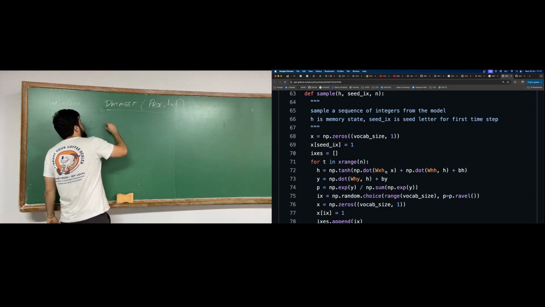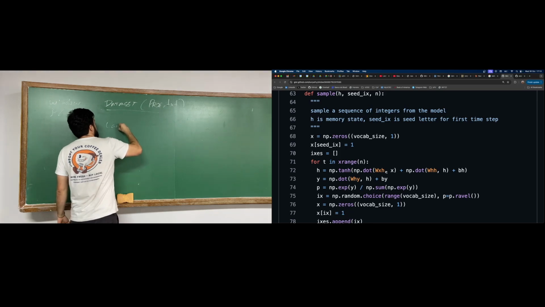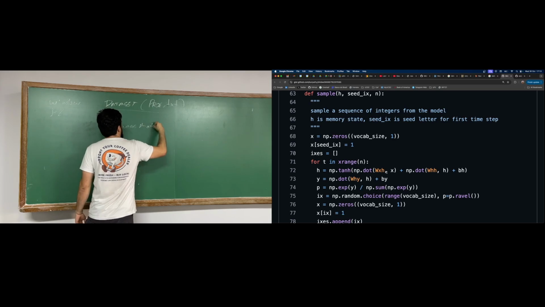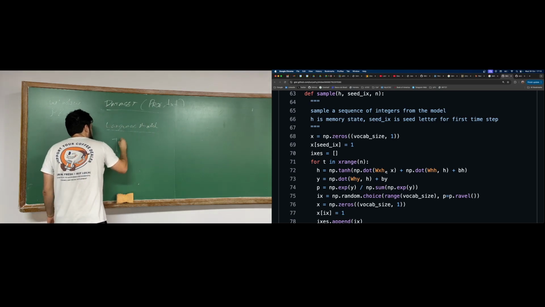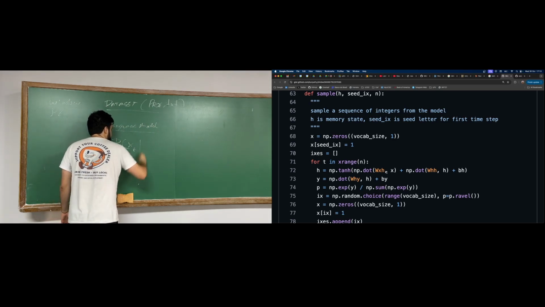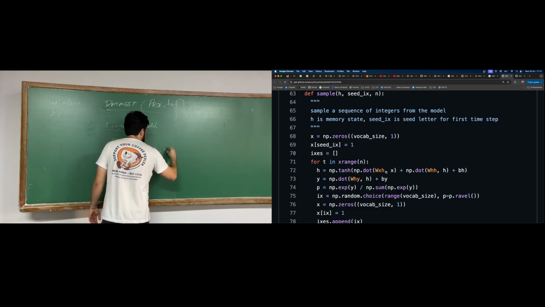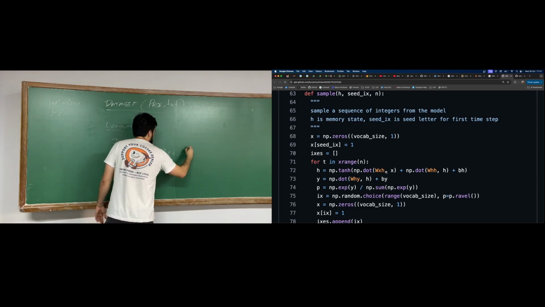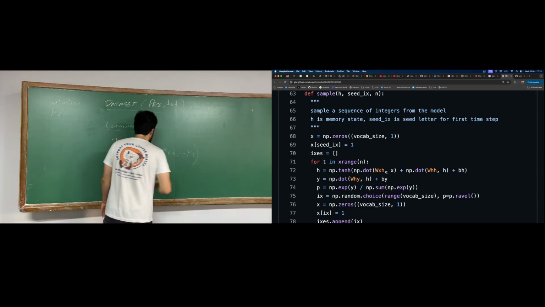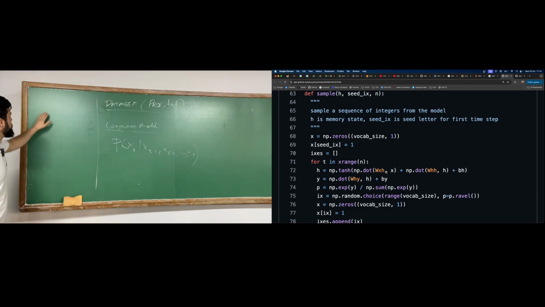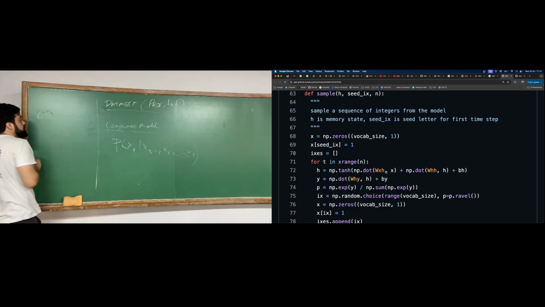What the language model gives to us is, as I already said, the probability of the token xt given xt minus 1, xt minus 2, all the way down to x1. What you can do to generate new data is start with a given letter. Let's say L.